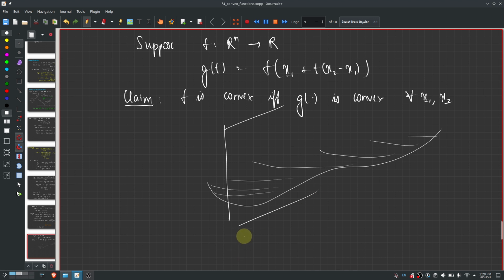Along this plane, the intersection of the plane and the surface gives you some kind of a curve. The point is that no matter how you choose this particular plane, this curve will always be convex. So you look at the function along any particular line, and the function is guaranteed to be convex.